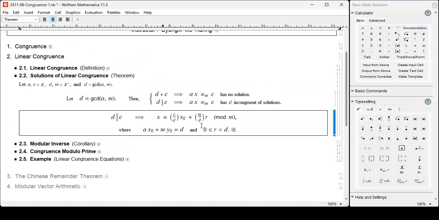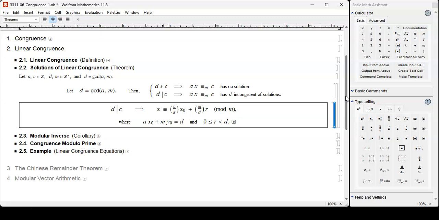Not only did we prove this conclusion, no solution or d incongruent solutions, but as a matter of fact, we found a specific formula to find these d incongruent classes of solutions. Like this. How do you find this x0? A x0 plus m y0 is d. So that's x0 and y0, Bezout's linear combination expression.